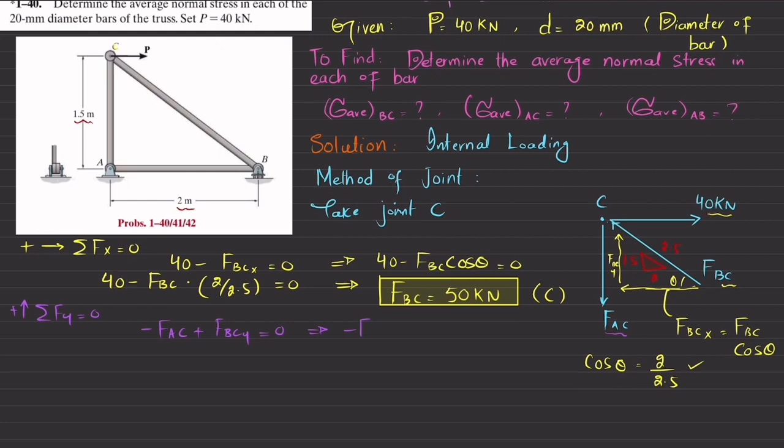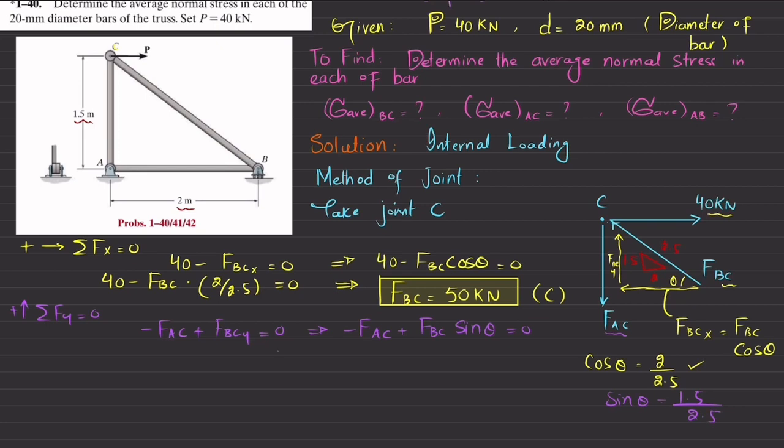So minus FAC plus FBC y, which is FBC into sine of theta, is equal to 0. And you can see that here sine theta is equal to perpendicular, which is 1.5, divided by hypotenuse, which is 2.5.